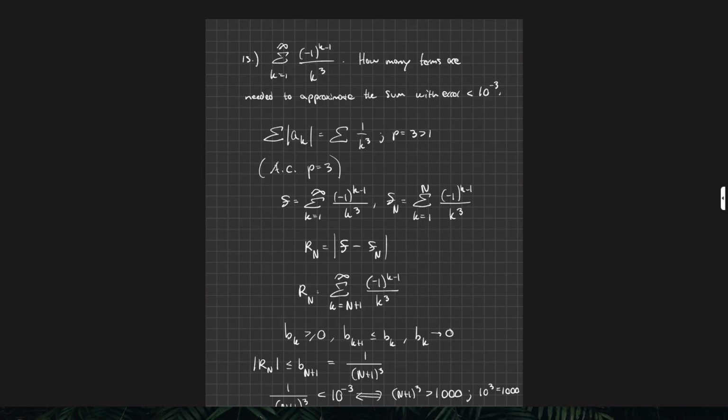So show that it converges. In this case, we can use absolute convergence, but you could just use the alternating series test. Set up this remainder, which is just the difference between your true solution and your approximated solution. Then we can set up r sub n using this intuition of cutting off part of the series and then looking at the tail.